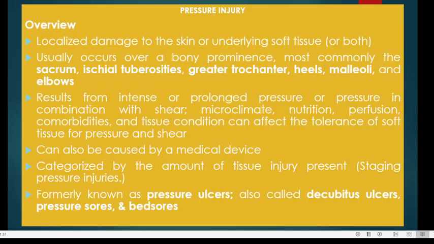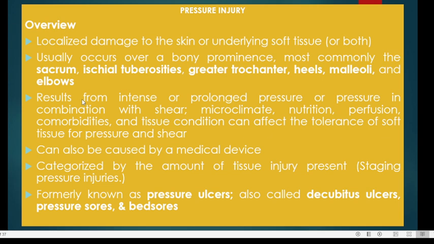So these are pressure injuries, currently referred to as pressure injuries, and these are localized damage to the skin or the underlying soft tissue, or both the skin and the underlying soft tissue. It usually occurs over bony prominences, most commonly the sacrum, ischial tuberosities, greater trochanter, heel, the malleolus, and the elbows.